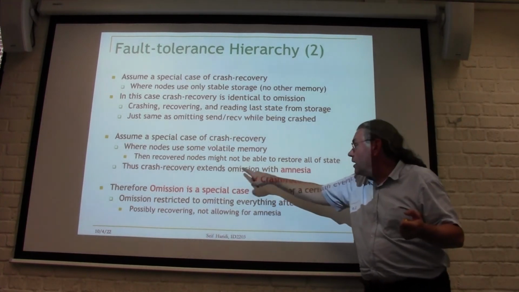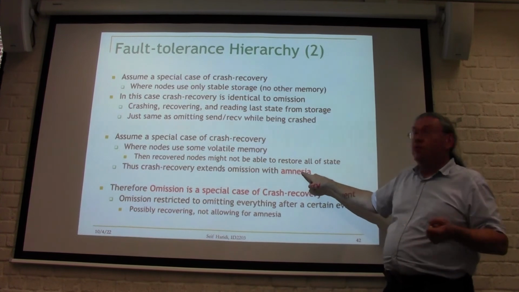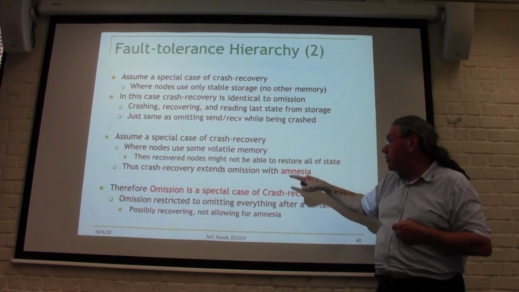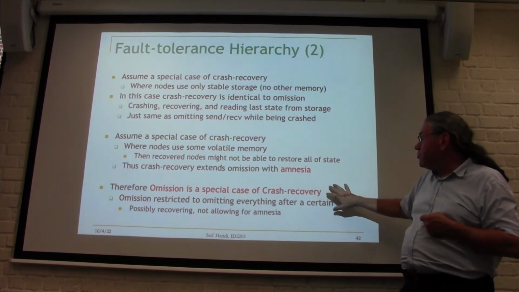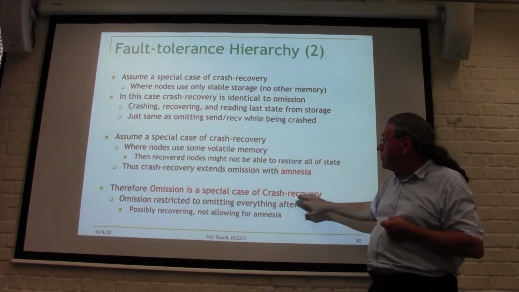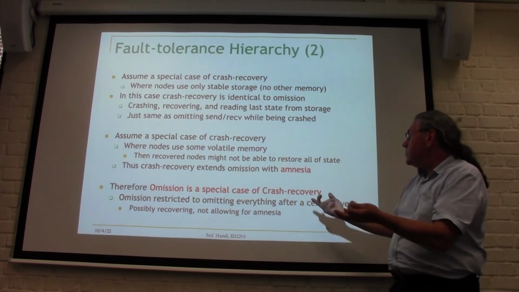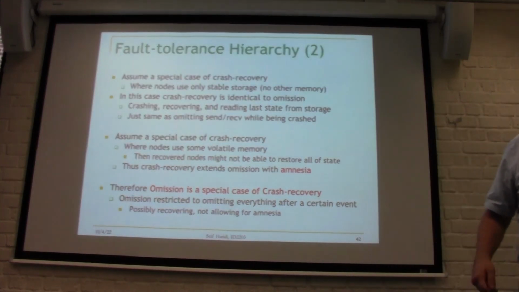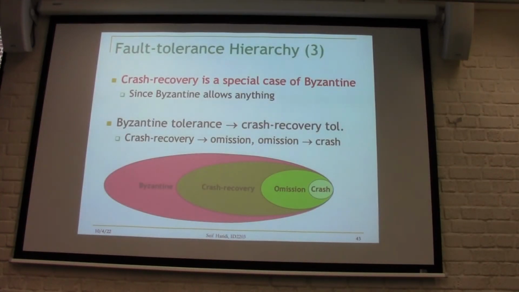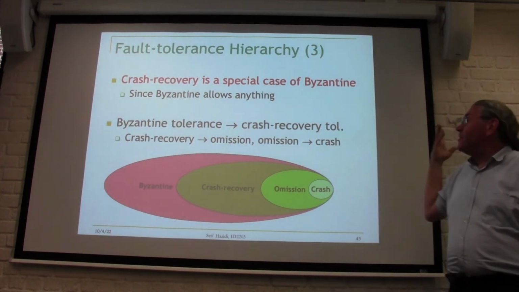So crash recovery is like omission plus forgetting something, amnesia. So crash recovery can do all the failures that omission does, plus a little bit more. So omission is a special case of crash recovery. And finally, of course, crash recovery is a special case of Byzantine, because Byzantine allows anything.